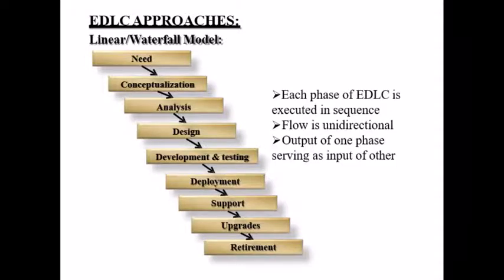The flow is unidirectional in the case of the waterfall model, so we cannot go back to the previous phase once a phase is completed. So if there is any change in the requirement, or any change in any of these phases, you cannot do that. That is the disadvantage of the waterfall model.